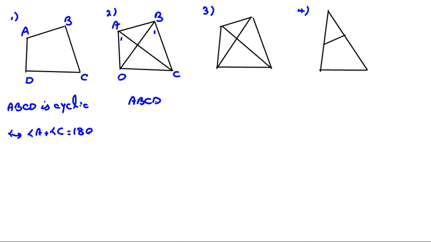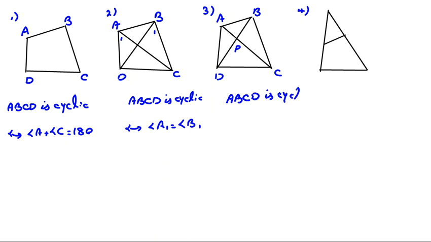So ABCD is cyclic if and only if angle A1 and angle B1, which see the same side, are equal to each other. The next one is related to lengths. The intersection of diagonals is P. So ABCD here is cyclic if and only if AP times PC equals BP times PD.